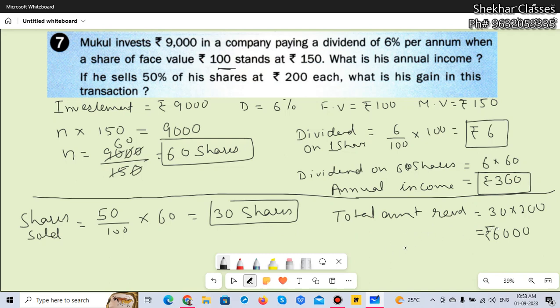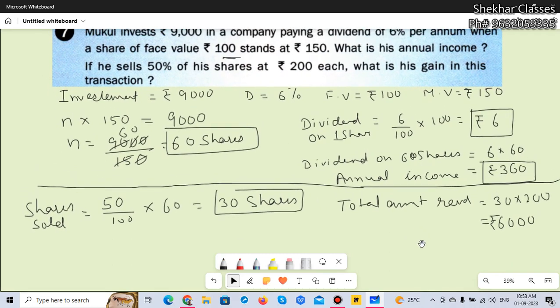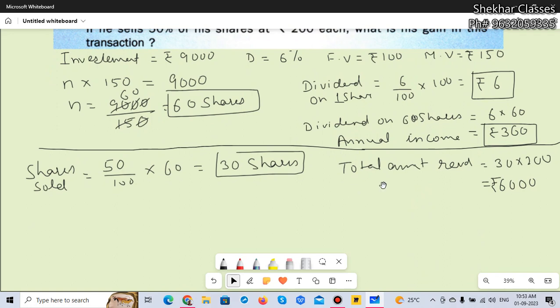Now what did he buy it for? Remember, he bought it at 150 rupees per share. This is the amount received on selling it, and this is the amount that he bought it for.